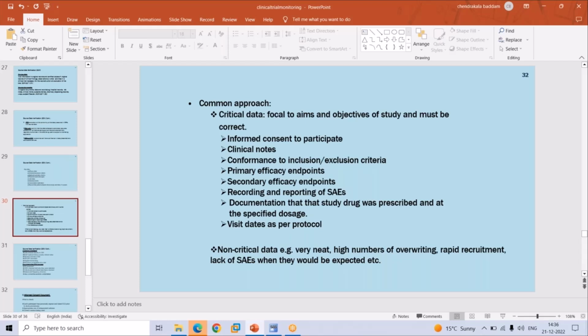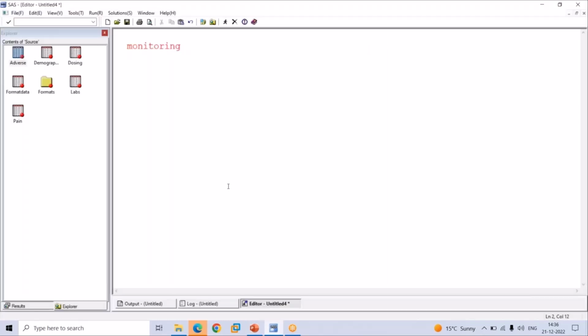Primary endpoints, secondary endpoints. We'll just explain what primary endpoints are and what secondary endpoints are. So I'll explain the objective also. Generally the objectives of the clinical trial are safety and efficacy, right? The main objectives.